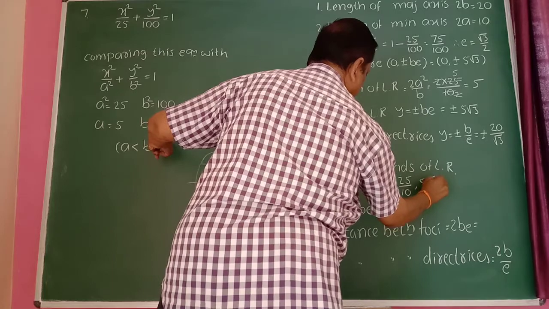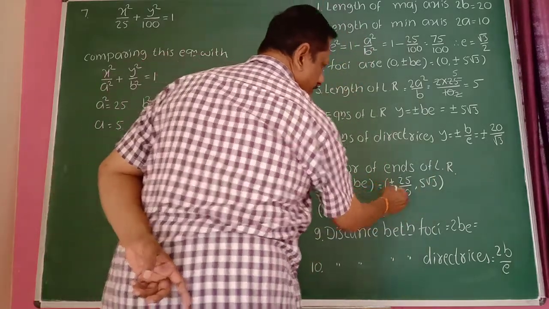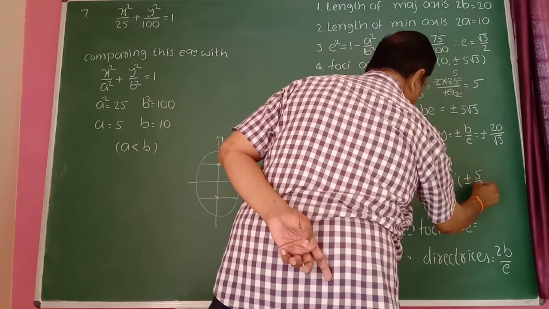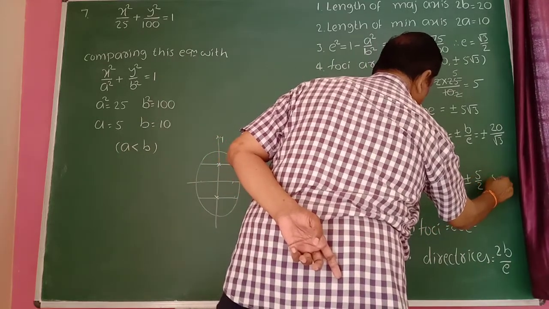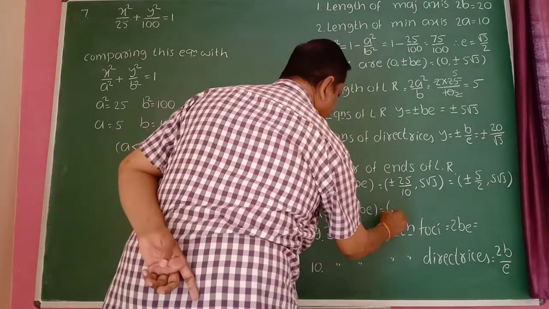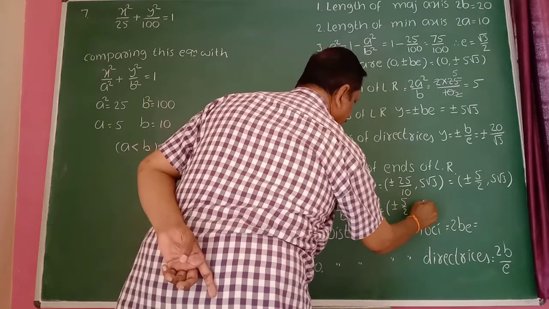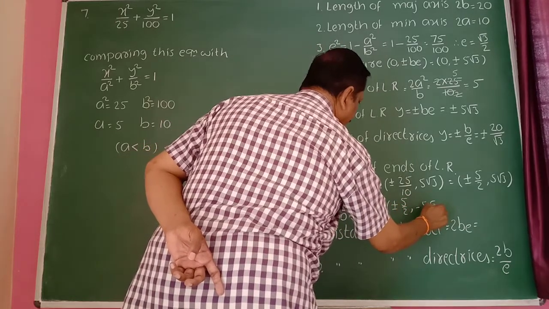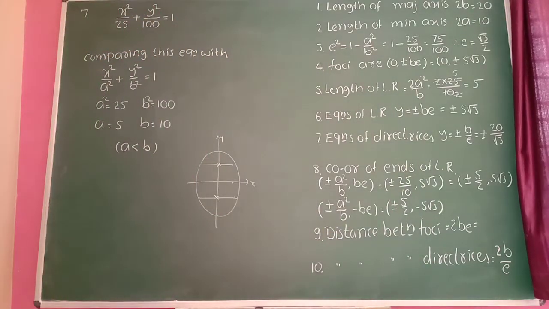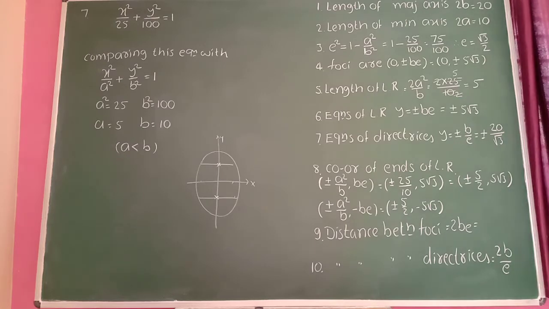Cancel 5, 5 twos are 10, therefore plus or minus 5 divided by 2 comma 5 root 3, and here also plus or minus 5 divided by 2 comma minus 5 root 3. So these are the coordinates of the ends of the latus rectum.